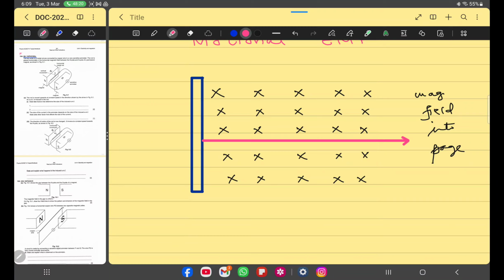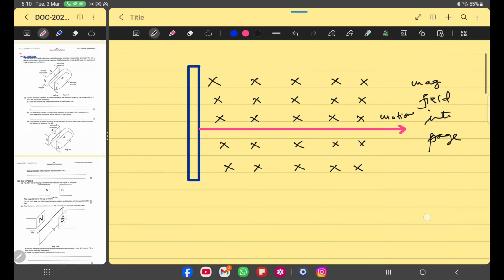Across means the angle between the rod and magnetic field lines is 90 degrees. The magnetic field is into the page, and you can apply the left hand rule. Your first finger towards the screen, and now open your second finger in the direction of movement of the rod.